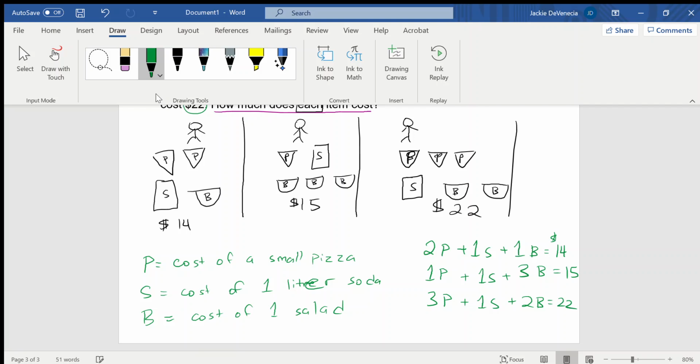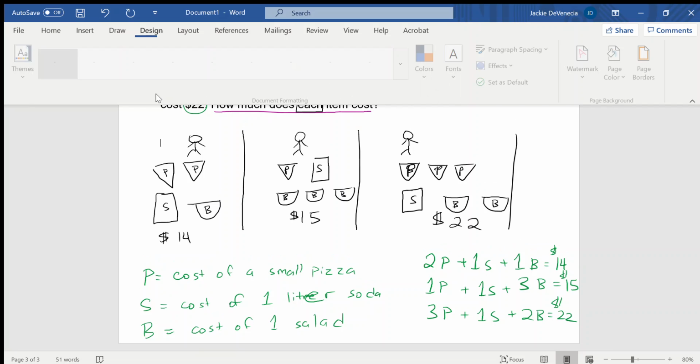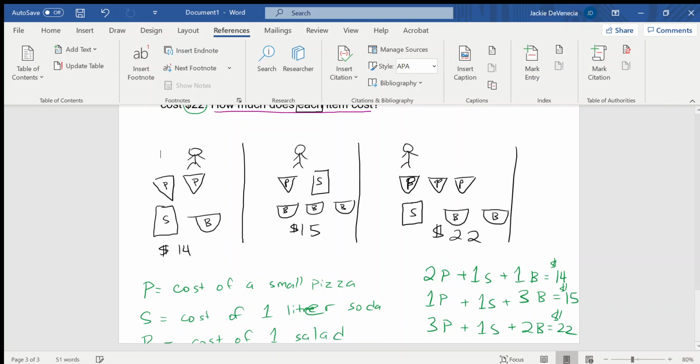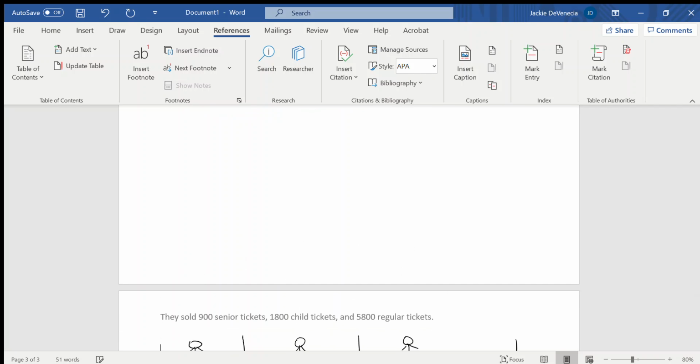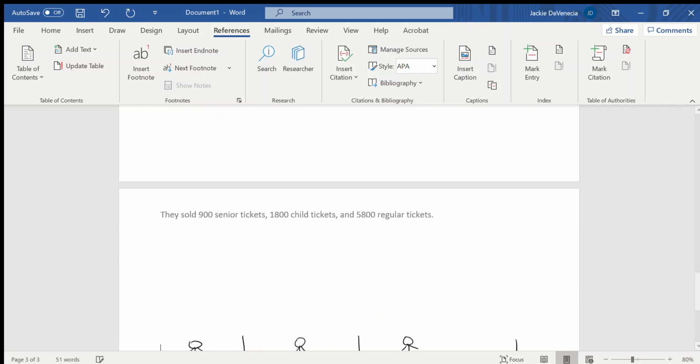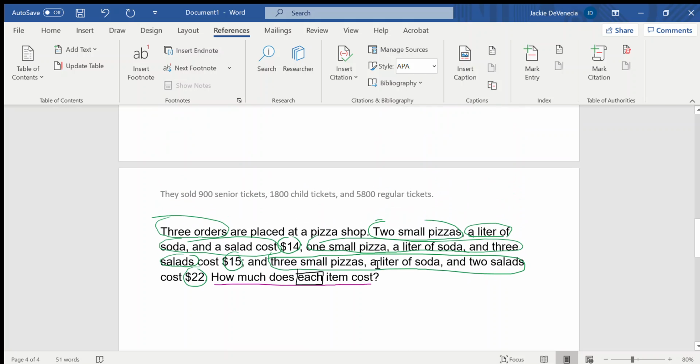Okay, so those are all my 3 orders written down as equations. And notice here we're taking all our numbers from that problem.